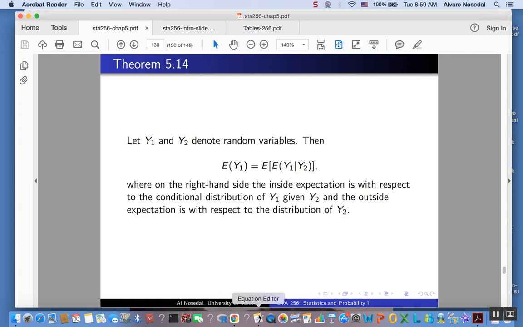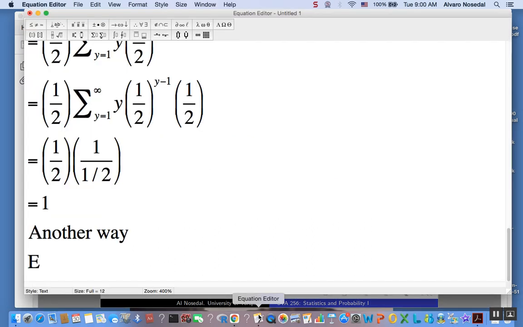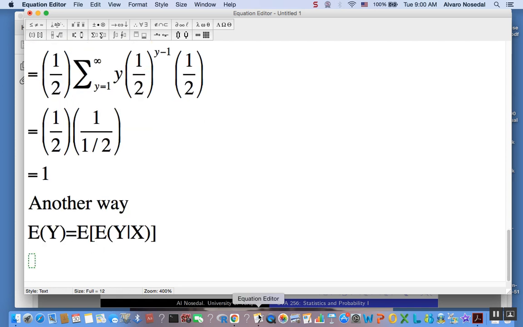Let's write that down. Expected value of y is going to be the same as the expected value of the expected value of y given x, according to that theorem. Okay? So first, let's see. What would be the expected value of y given x?